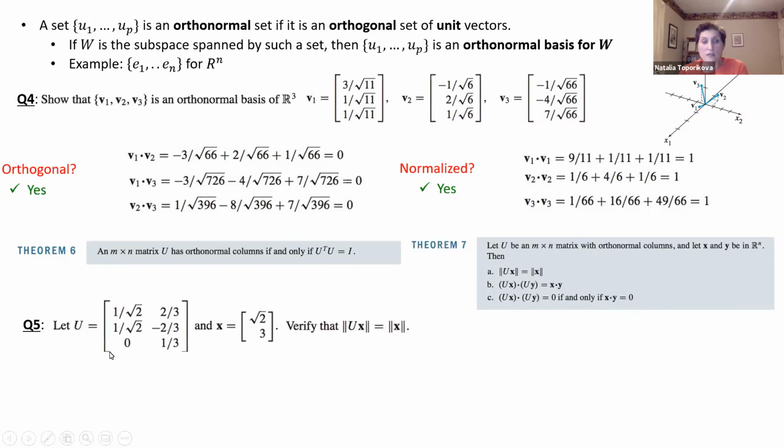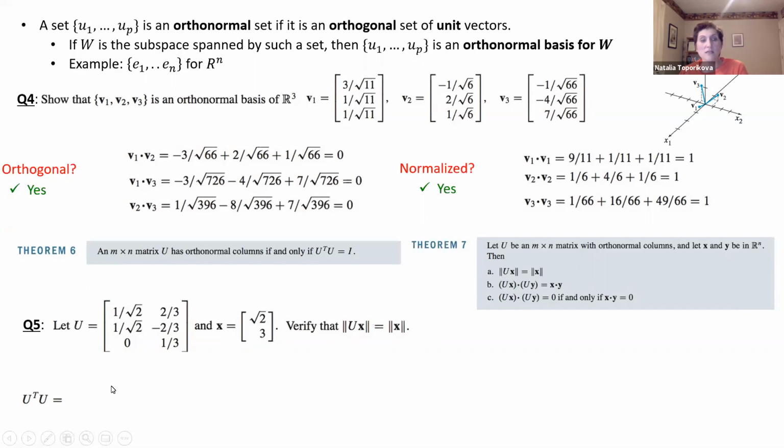Here though, let's just try to verify one of the properties. Let's take the matrix U, which is supposedly an orthonormal matrix, and let's take a vector x of 2 components. Let's try to verify the first property, that the matrix U times our vector x has a length the same as the vector x itself.